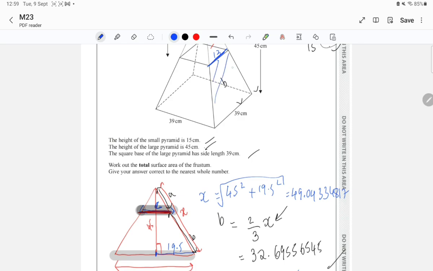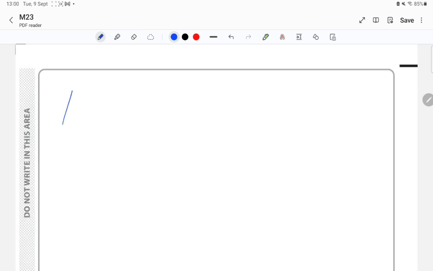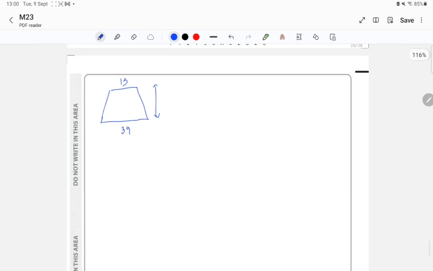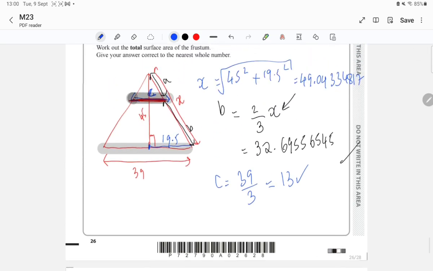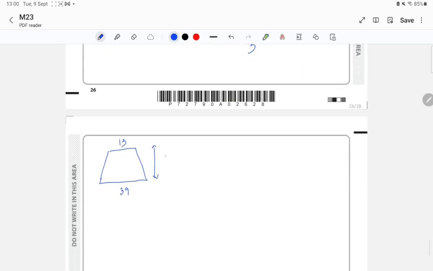Now I can find the area of this trapezium. The top part of the trapezium was 13. This bottom part I know was 39. And the height, I've calculated to be 32.6955 and so on.